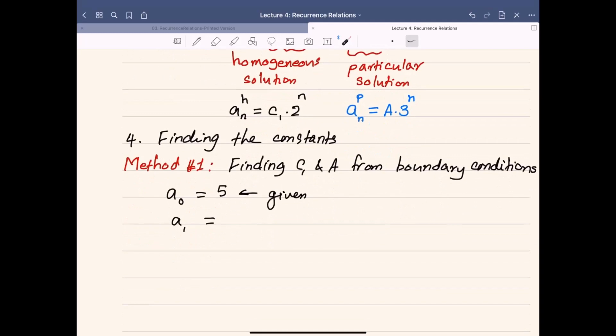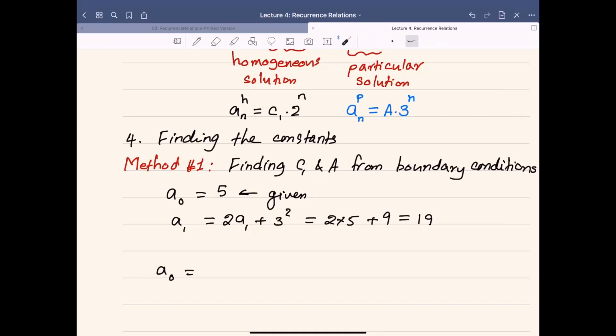So we will write it now here. So it is 2a_1 plus 3 raised to power 2, which is equal to 2 times 5 plus 9. It's equal to 19.